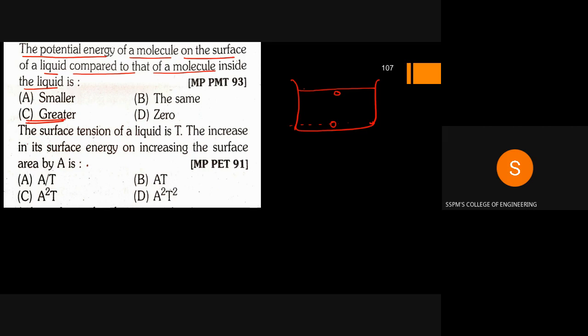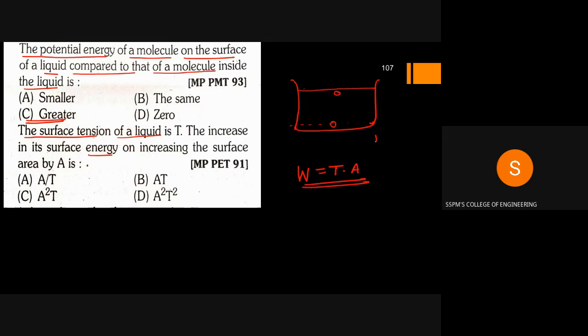Next question is: the surface tension of a liquid is capital T. What is the increase in its surface energy on increasing the surface area by A? We have the equation: surface energy is equal to surface tension into the area.